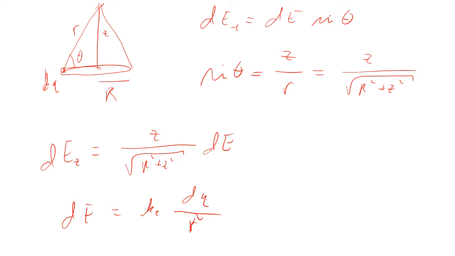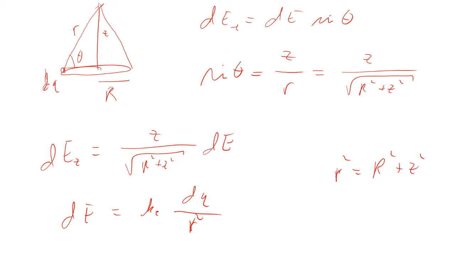Okay, that's pretty straightforward then. What is r squared? Well, r squared is going to be equal to big R squared plus z squared.